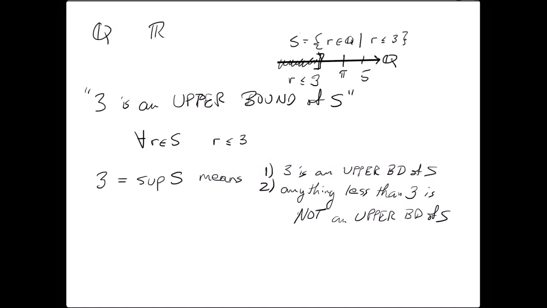Instead of saying 1 and 2, let's be a little more mathy with all this, because it's easy to get the numbers confused, and so we'll use the fancy math 1 and 2. So 2 conditions. It's an upper bound. Anything less is not. We already have the definition upper bound, so we can negate it.